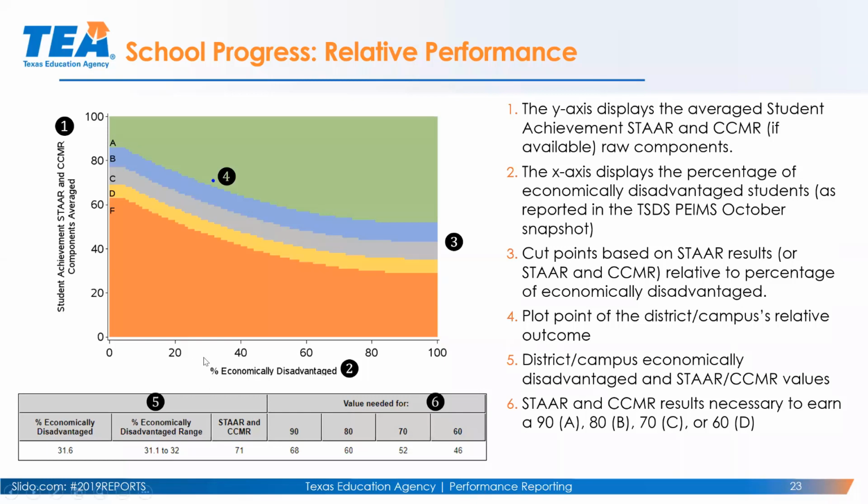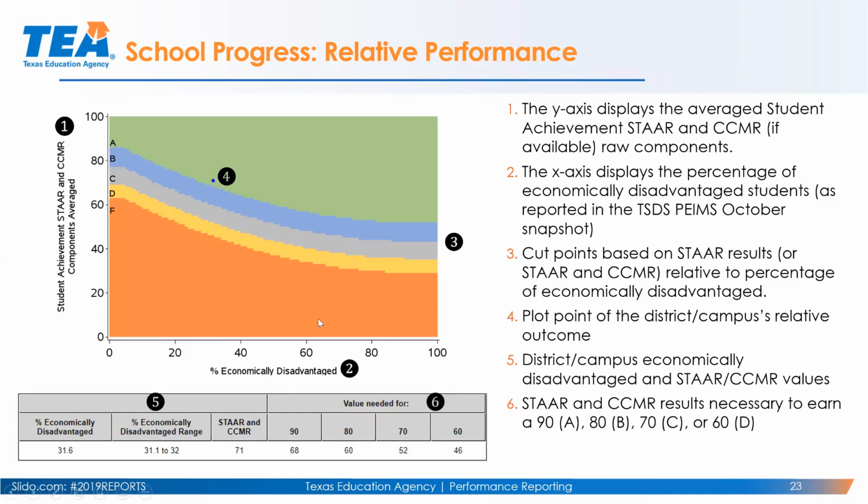Their y-axis was their STAR and CCMR data that was averaged, which was a 71. So going back to the graph, they were at 31.6, which is this X plot area, and then they achieved a 71, which was right in this area, which is why they plotted at an A grade level.